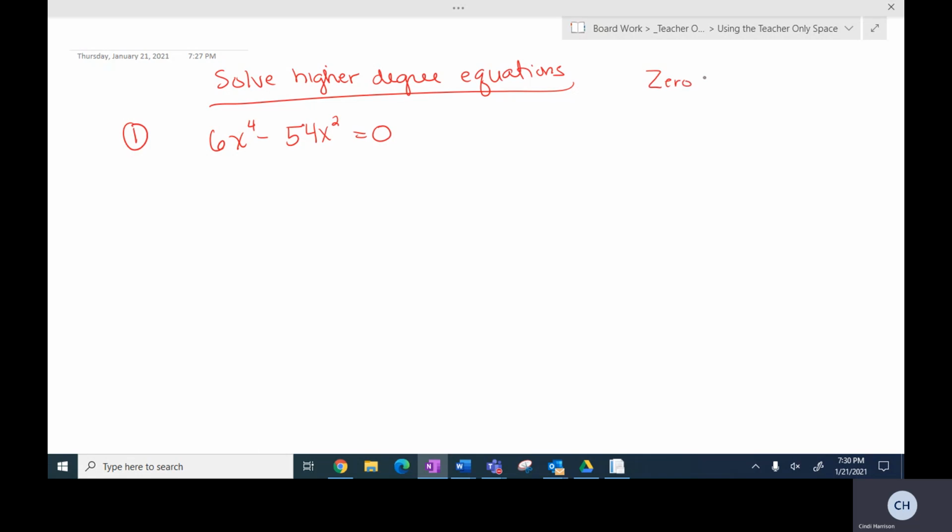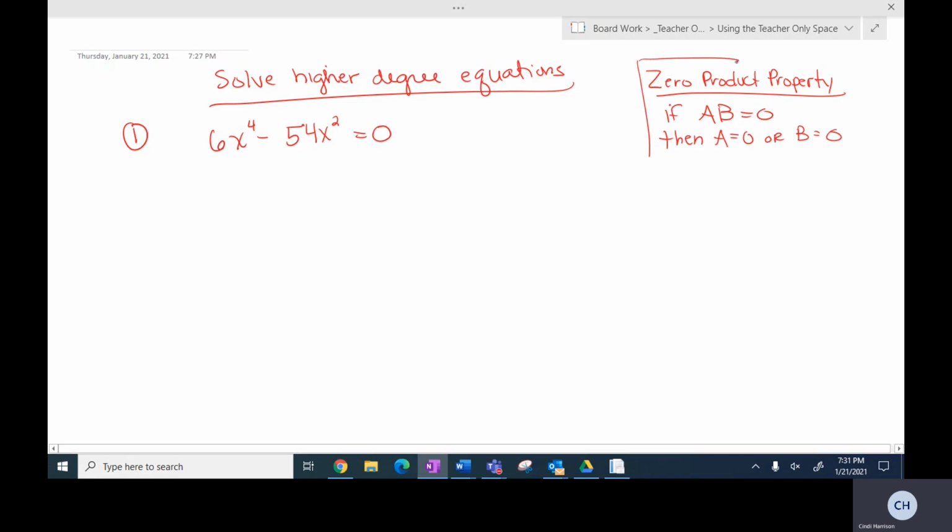Just to refresh your memory, zero product property tells us if A times B equals 0, then, well, think about it. If you multiply two quantities together and you get 0, then one of those quantities must be equal to 0. So that's our underlying idea for these.